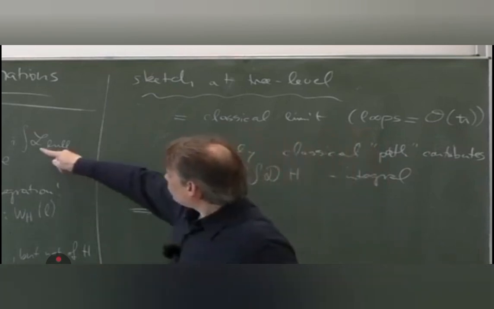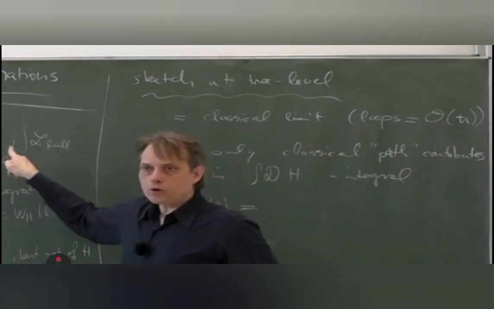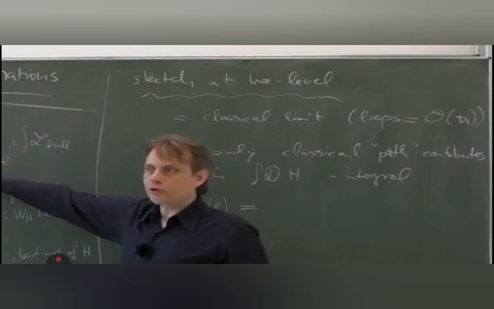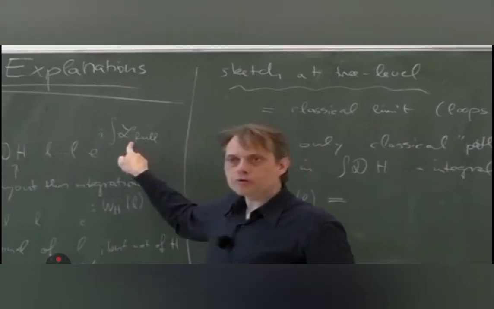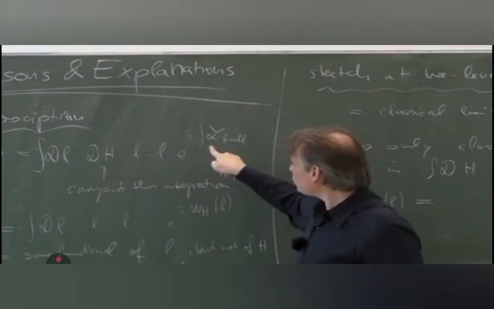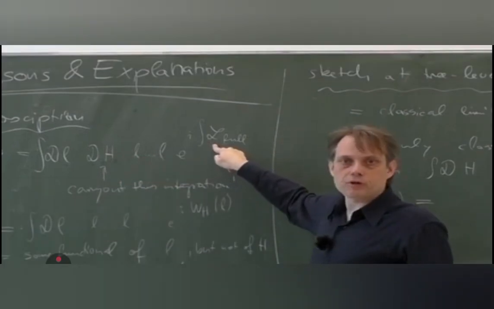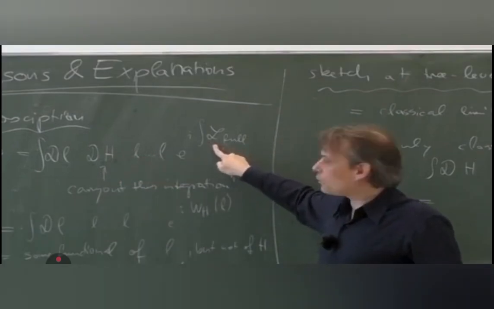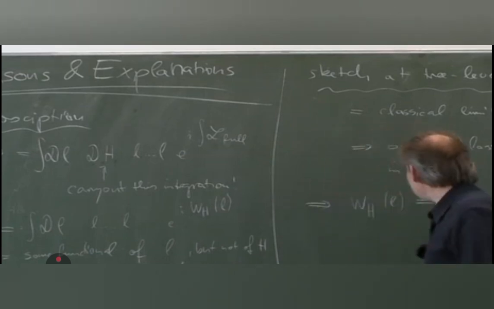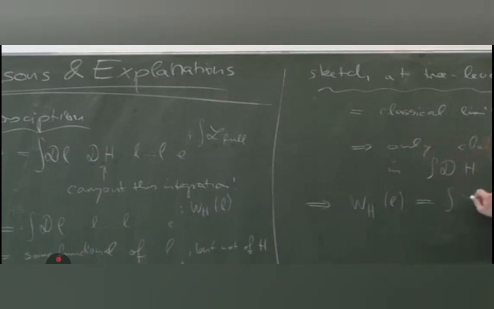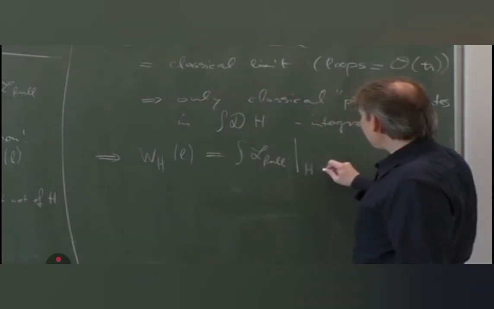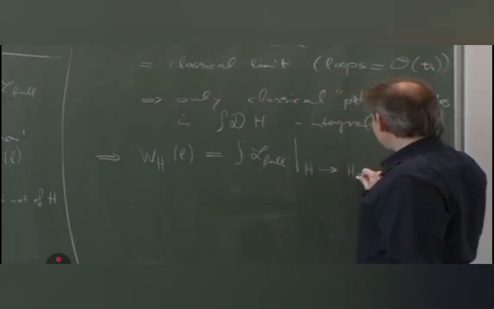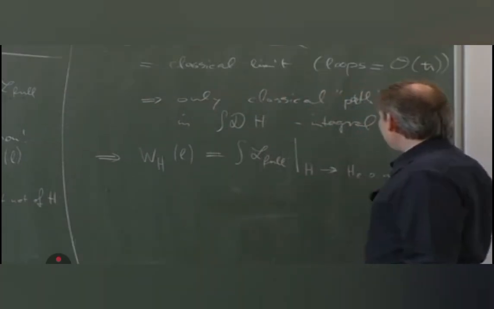So W_H of L is obtained by the integration over all field configurations, and the classical limit means that the integral collapses to one term, namely the term where we replace the H by its stationary point, by its solution to the equation of motion. So we get the full action where we replace H by its solution to its classical equation of motion.